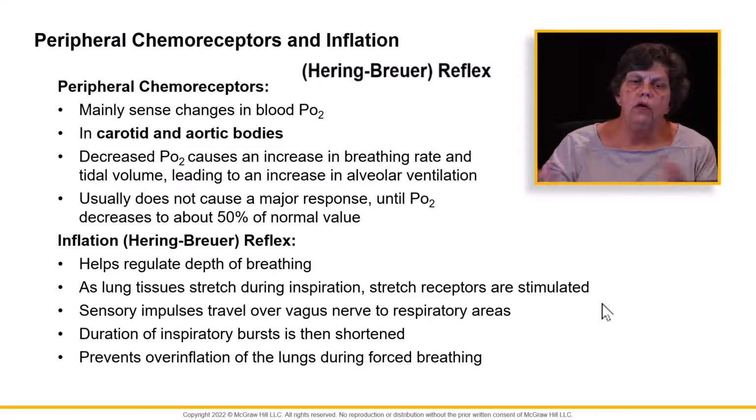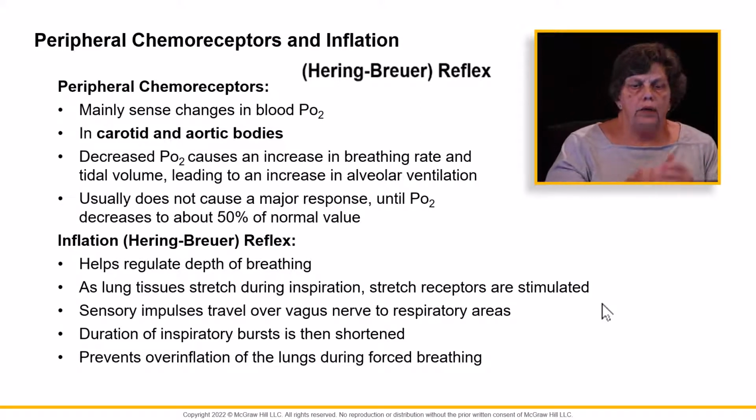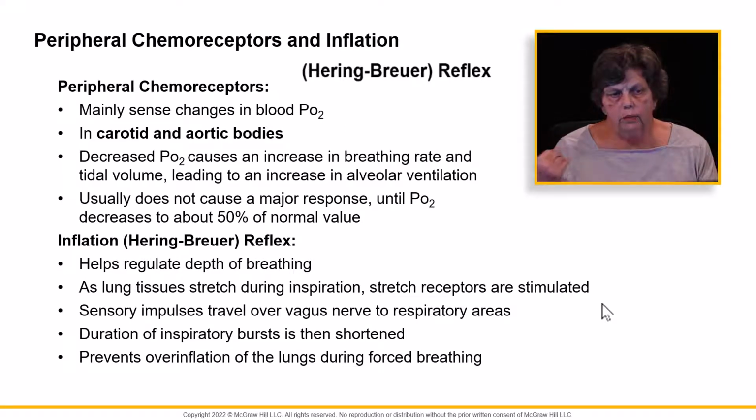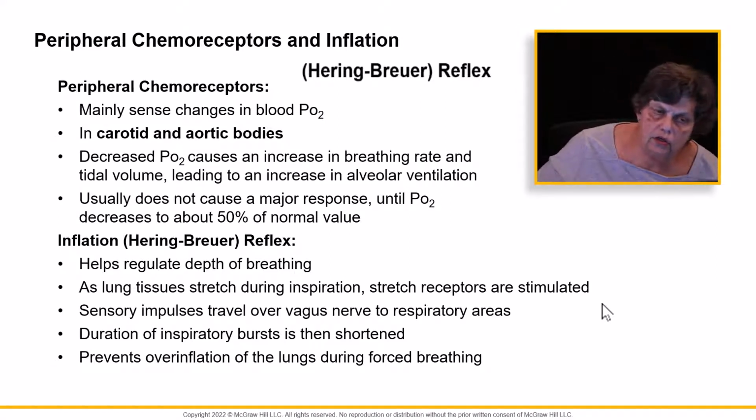Decreased PO2 causes an increase in breathing rate, increase in tidal volume, so you start breathing a little bit deeper and a little bit faster. It doesn't usually, as it says, cause a major response until the PO2 decreases to about half the normal value.